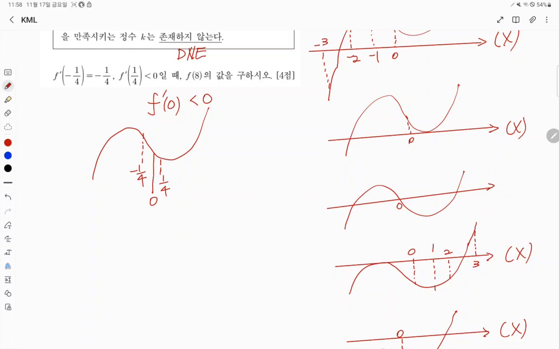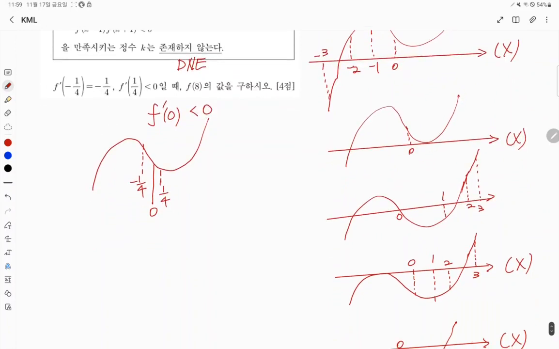So we can think of this graph when the x-intercept is 0. And in this case, once again, if the positive root is greater than 1 but less than or equal to 2, 2 is the integer satisfying this inequality because f of 3 is positive and f of 1 is negative.